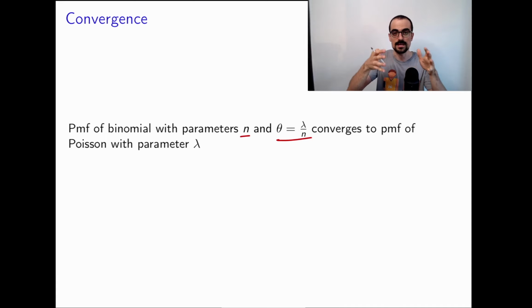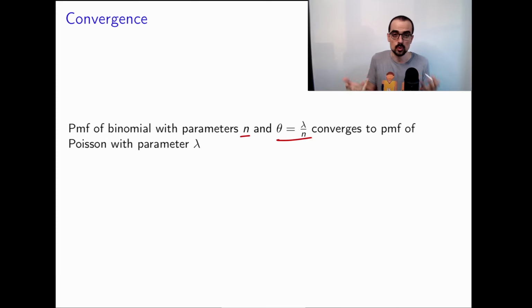This means that as n increases, the binomial PMF becomes more and more similar to the Poisson until it essentially becomes a Poisson in the limit. That is called convergence in distribution, where the PMFs converge like that. We're going to talk more about that later on in the course.